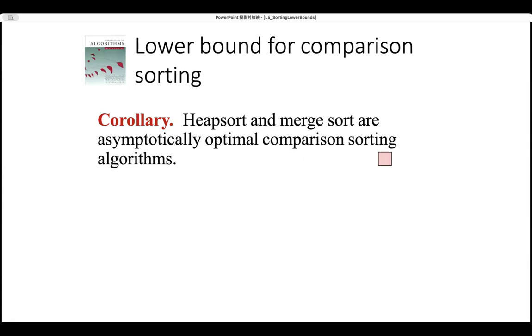But quicksort is not an asymptotically optimal comparison sorting algorithm, because when we talk about asymptotic optimality, we are talking about the order of the worst case. So that's why we exclude quicksort from this corollary.